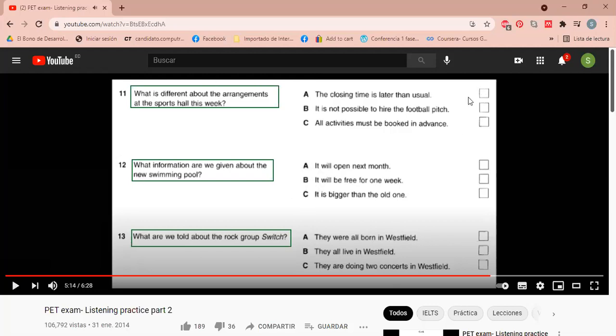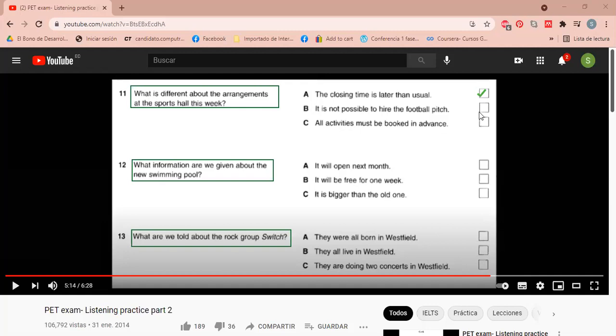But what about, guys, the next one? Which one did you choose about the swimming pool? A, B, or C? It will be open next month.